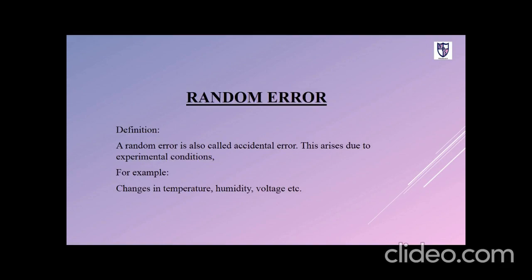It is caused by unknown and unpredictable changes in the experiment. Electronic noise in the circuit or irregular changes in the heat are some of the examples of random error. We can fix a random error by using an average measurement from a set of measurements.